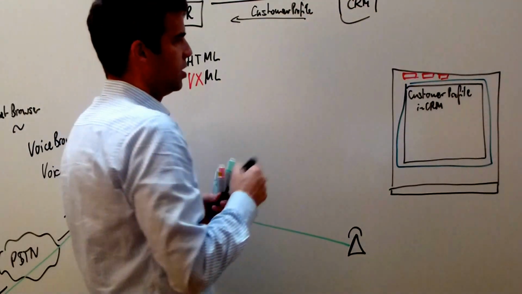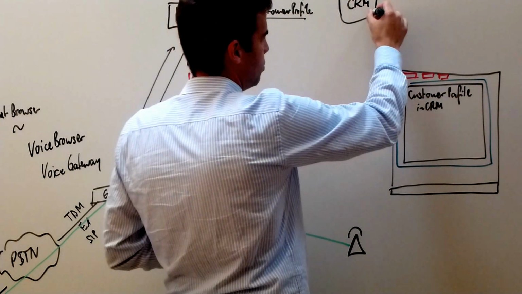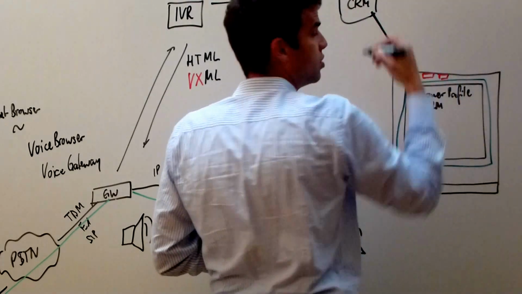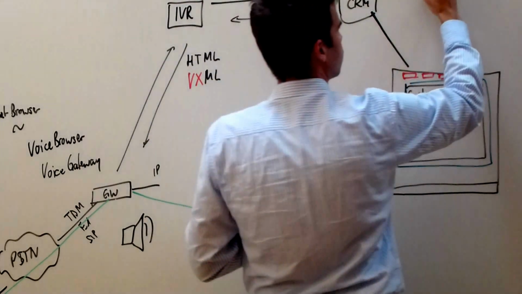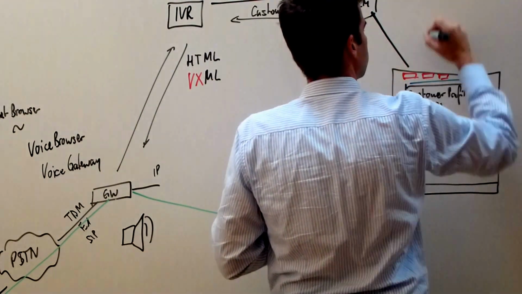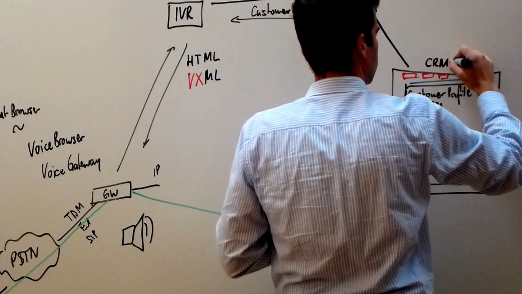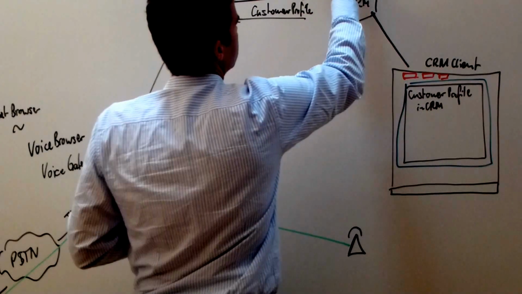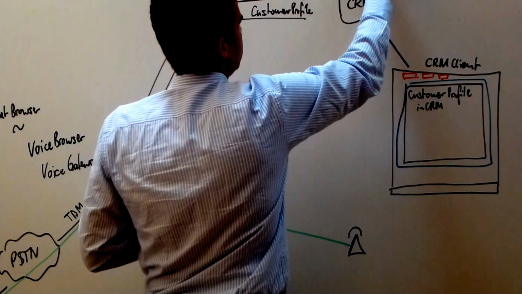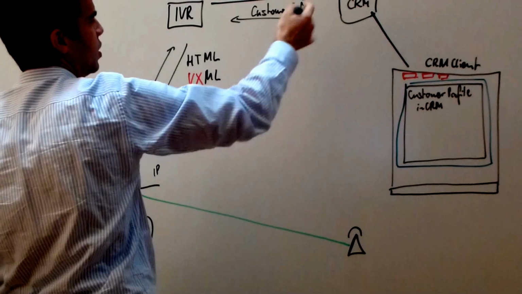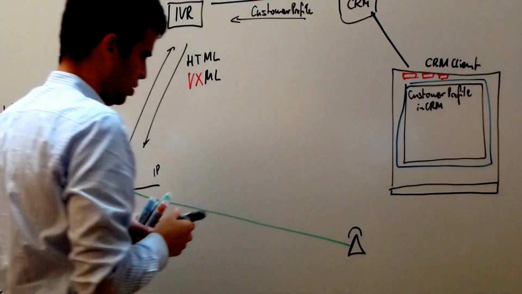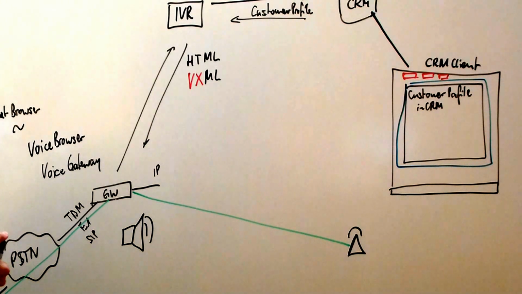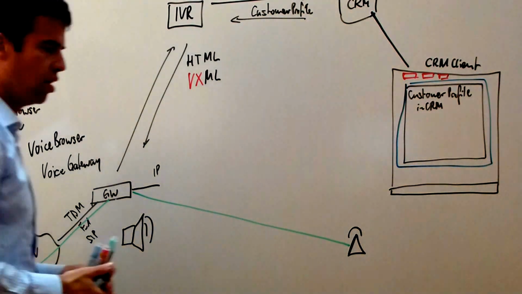And obviously there's an integration between the CRM server here and the CRM client. Or this could be an ERP or a ticketing solution or whatever. It's also possible that you have multiple databases during this interaction with the IVR or with the agent, depending on the exact case the caller is calling for.